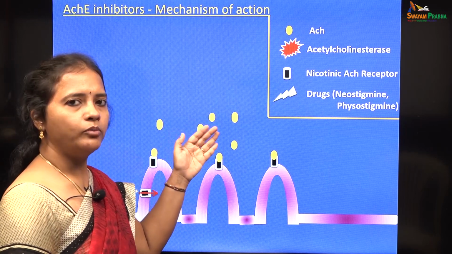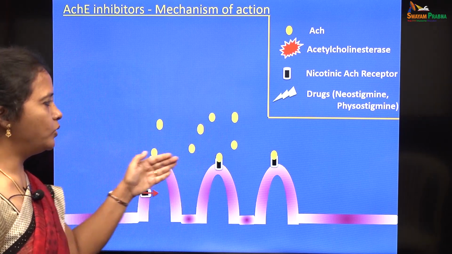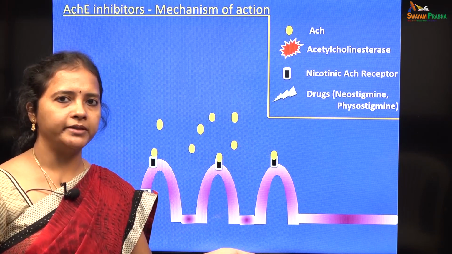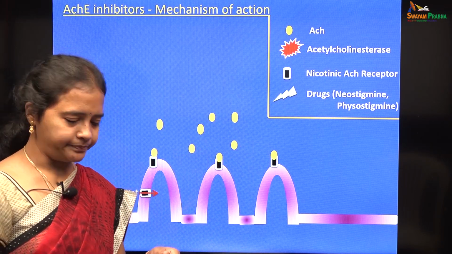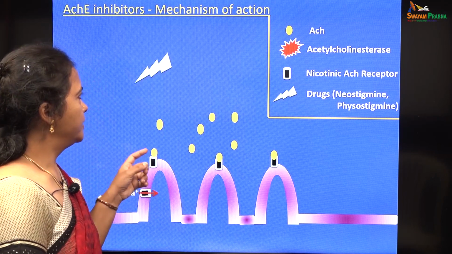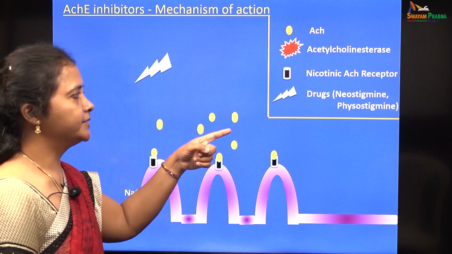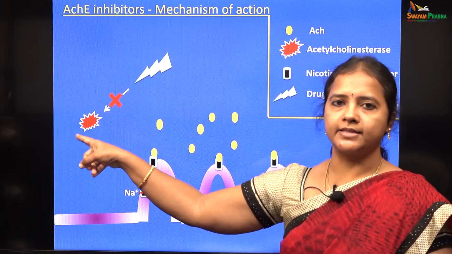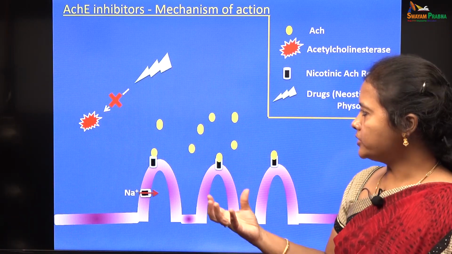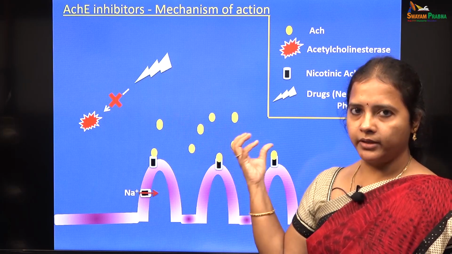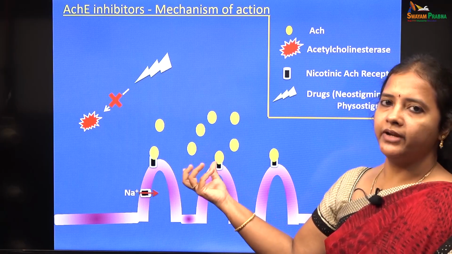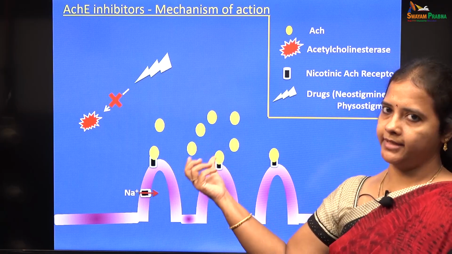So, the acetylcholine molecules which are binding to the nicotinic acetylcholine receptor, after its mechanism of action, are destroyed by the acetylcholinesterase enzyme. But these drugs neostigmine and physostigmine can actually inhibit this acetylcholinesterase enzyme. So, because of that, the remaining acetylcholine molecules are not destroyed and there is more time available for the action of acetylcholine molecules.